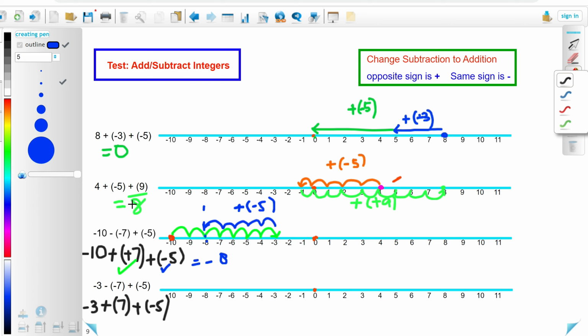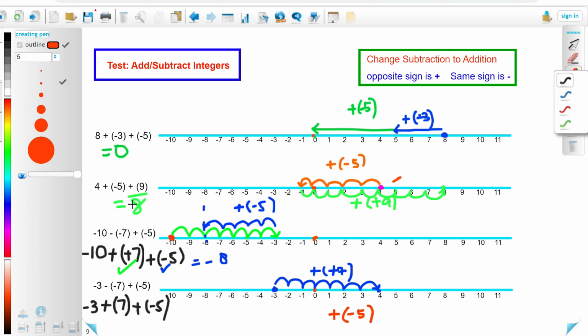The last one here is to locate minus 3. That is where the minus 3 is. We want to add 7, so let's add 7: 1, 2, 3, 4, 5, 6, 7. We reach 4 now. And now plus minus 5.